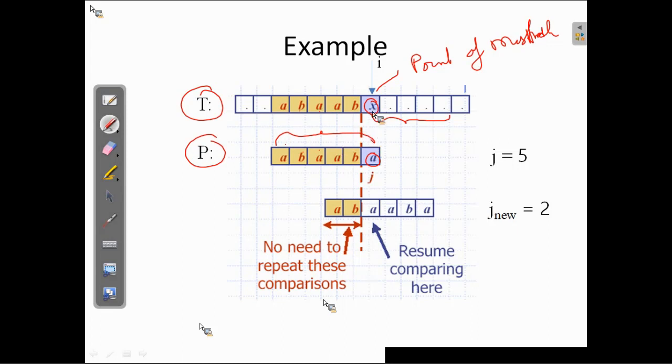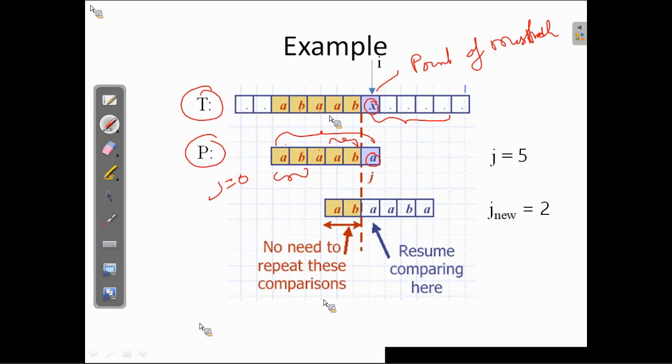Okay, with X. Where should we start matching? Now, the trick is, should you start again at J equal to 0, or because this is the point at which mismatch happened and it so happens that this is the suffix which is matching with the prefix, so what it means is that this AB has already matched because it's also there in the prefix which is also there in the suffix of the string.